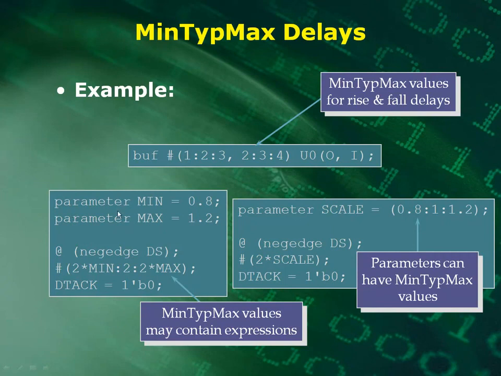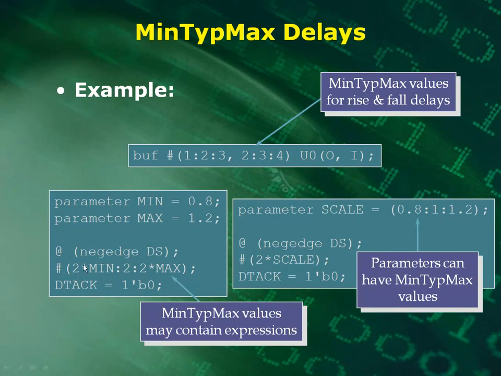Here we have some code, and in the pound delay, we've specified a min, typ, and max. This is another format you might use. But here you can also make some calculations in here if you need to. These would be constants that would be declared as parameters typically, so they don't have to be just a constant number in here.